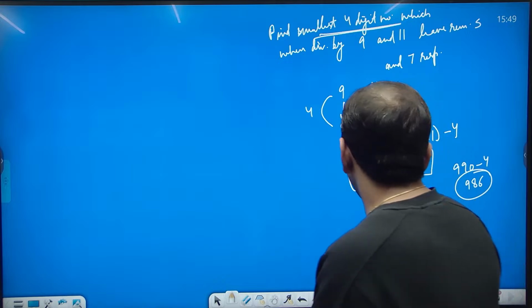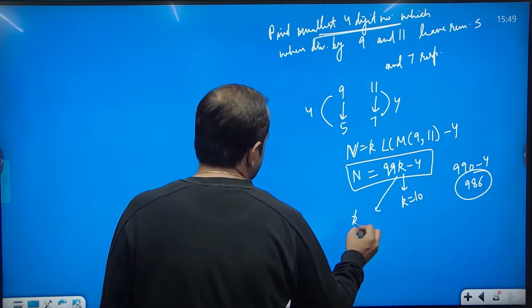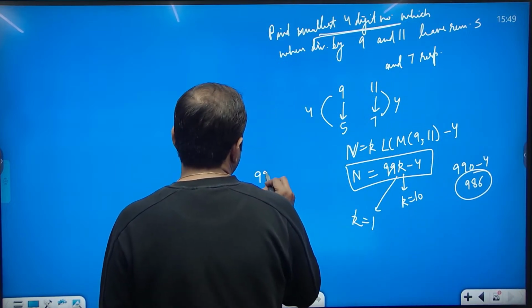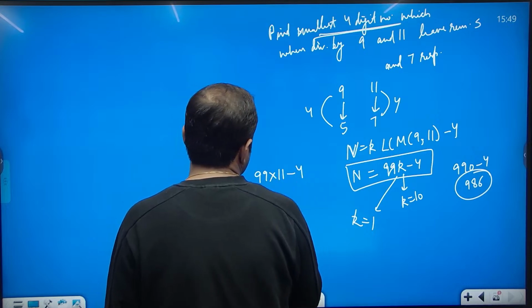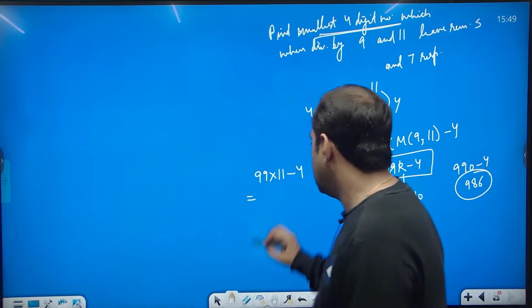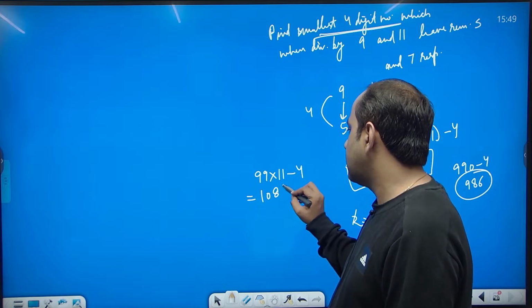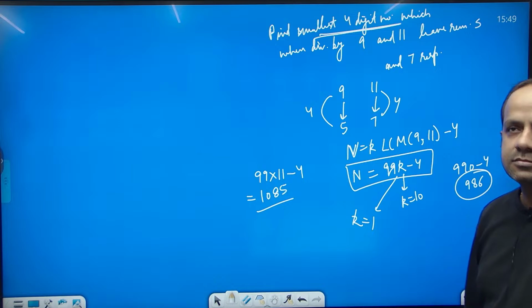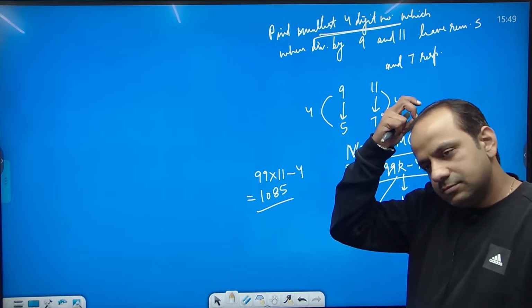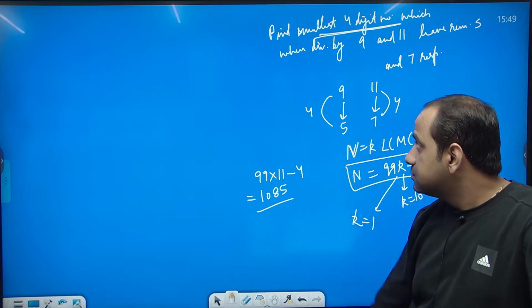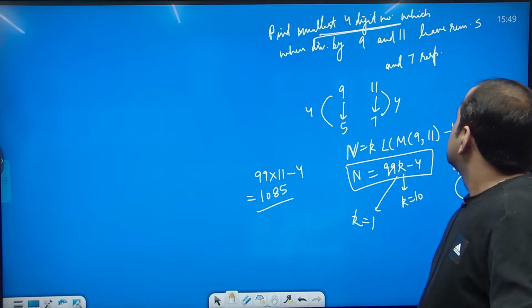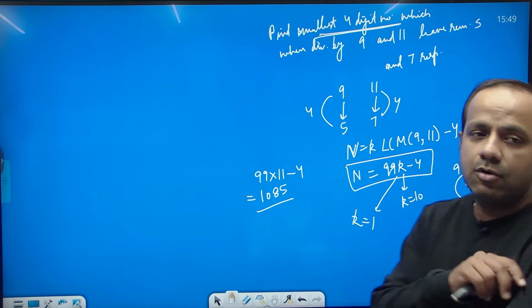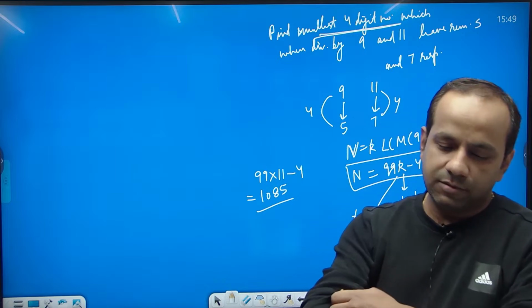But if I put k is equal to 11, we'll get 99 into 11 minus 4. कितना आता है? 1085. So this is the smallest 4-digit number. Any doubt in this? So this is about LCM model 2 question.